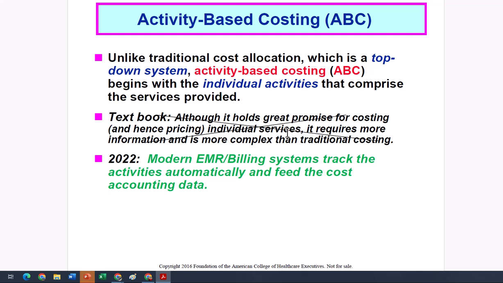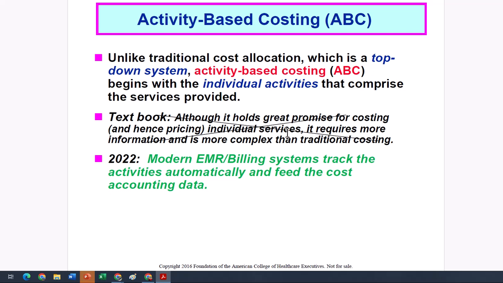But really, with the modern EMR merging with the accounting data, you supersize your ability to do this the same way that the RVU system supersized your ability to do an RVU approach.